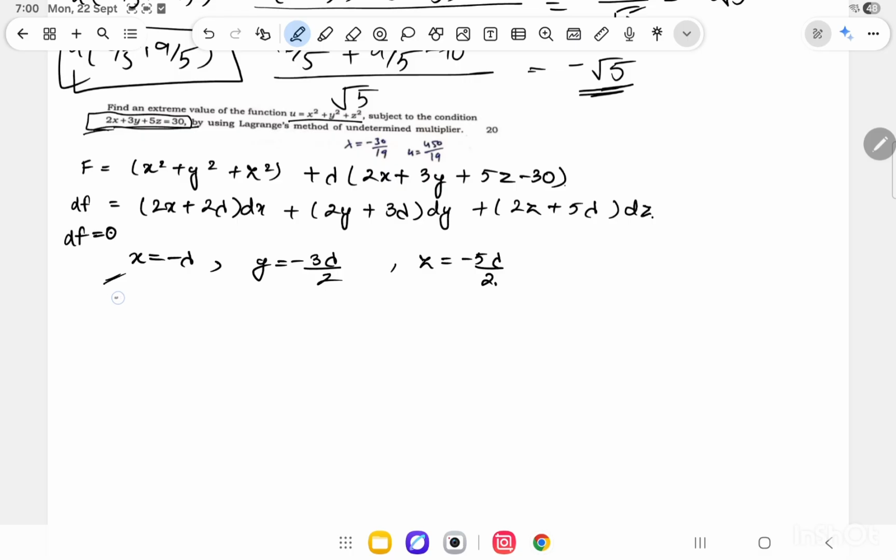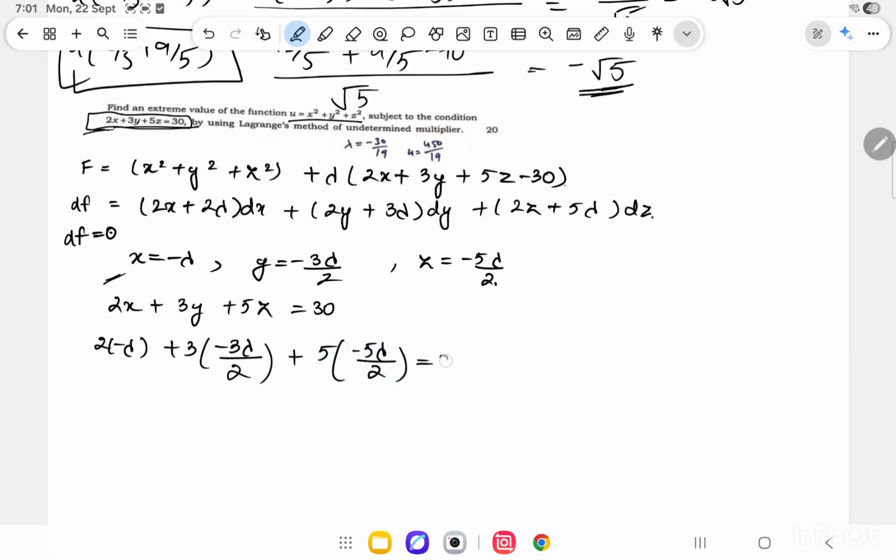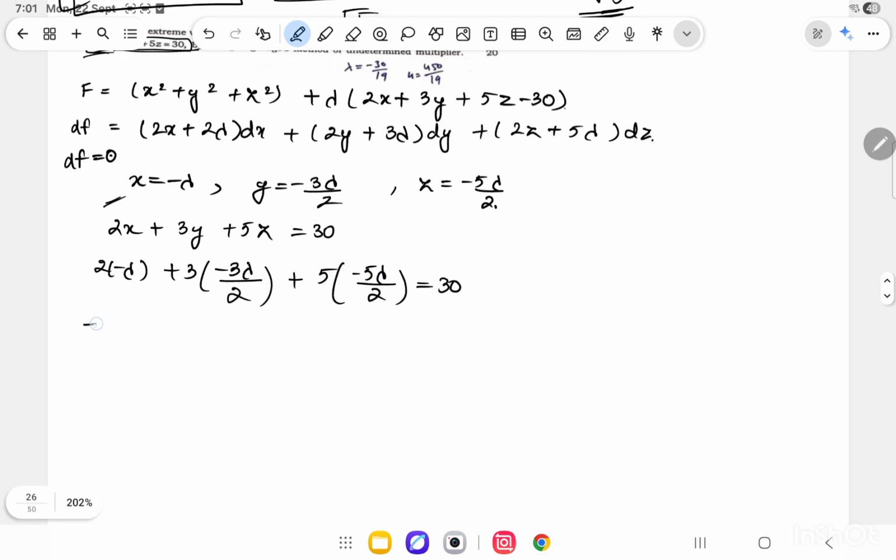So that is 2x plus 3y plus 5z equals 30. So it will be 2 into minus lambda plus 3 into minus 3 lambda by 2 plus 5 into minus 5 lambda by 2 equals 30. If I simplify it, I can take out minus lambda common.